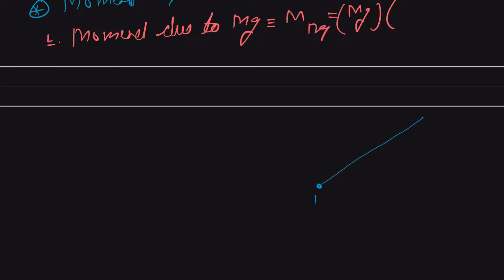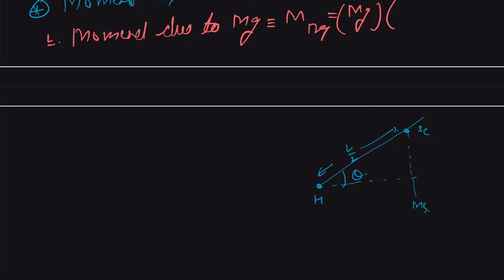Everything we are dealing with respect to this hand, and right now we have this weight which is somewhere here, acting in the downward direction at the center, and this length is L by 2 because the total length is given as L, and we have an angle of theta.